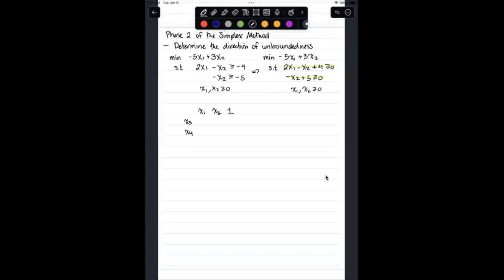And our objective function, we can just call that z. So our objective function is negative 5x1 plus 3x2 and 0. And x3, we have 2x1 minus 1x2 plus 4. And for x4, we will have 0x1 minus 1x2 plus 5.